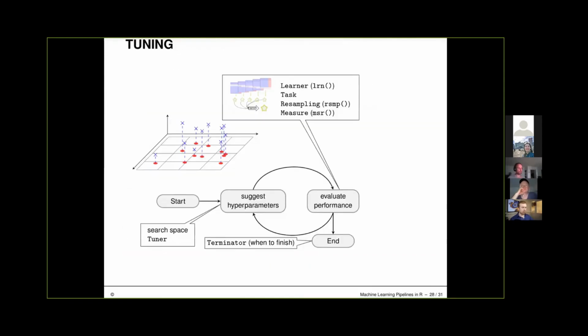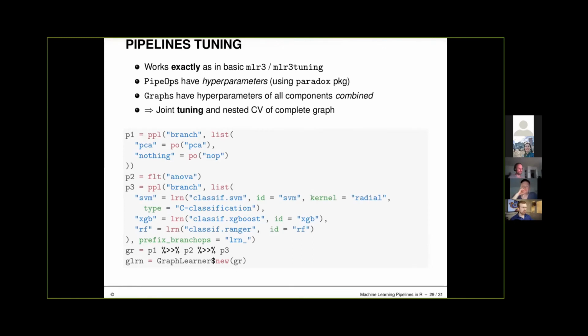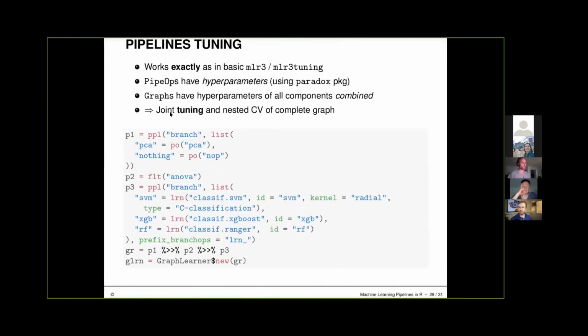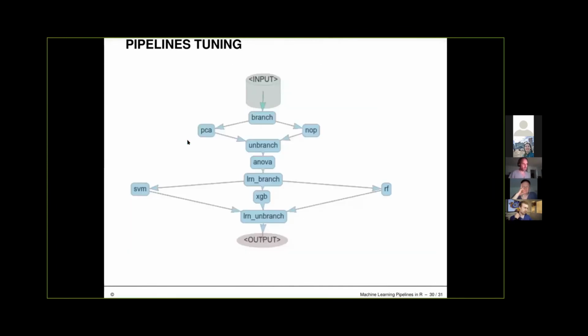And maybe let me directly go to the example here. Hopefully that convinces you that you can do pretty cool stuff with this. What I'm doing here is writing down this pipeline. There's also a nice plotting function for pipelines in the package. I'm writing down something where I do either PCA for feature extraction or nothing, so I stay with the original features.